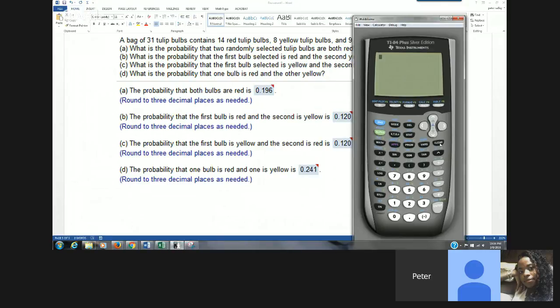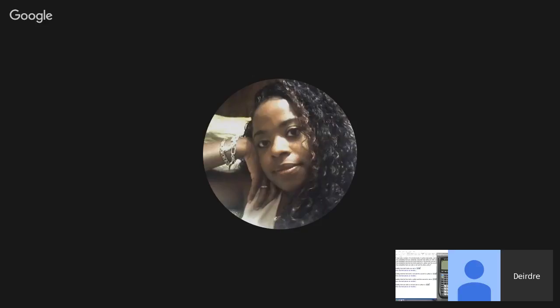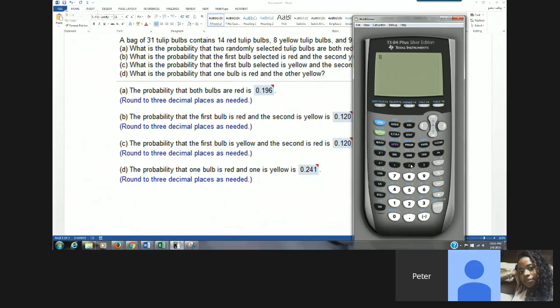I could pull a red one, then a yellow one, or I could pull a yellow, then a red. So because of the word or, red, yellow, or yellow, red, that means I'm adding 2 different scenarios together.